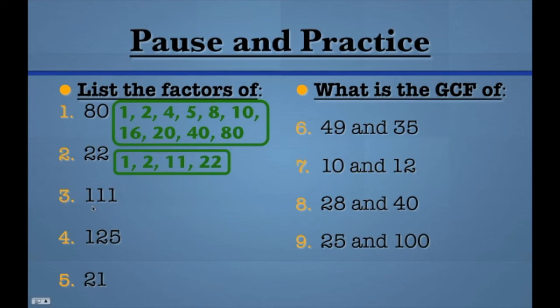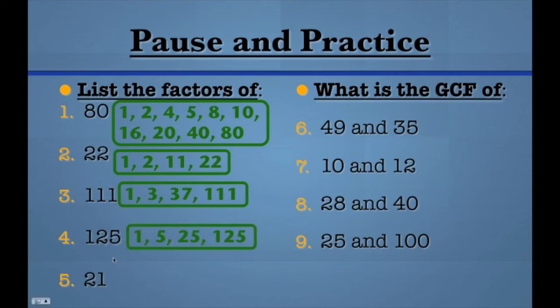The factors for 111 are 1, 3, 37, and 111. Number 4. The factors for 125 are 1, 5, 25, and 125. Number 5. The factors for 21 are 1, 3, 7, and 21.